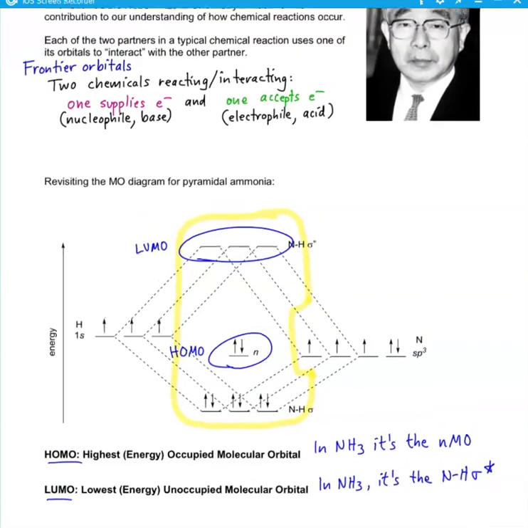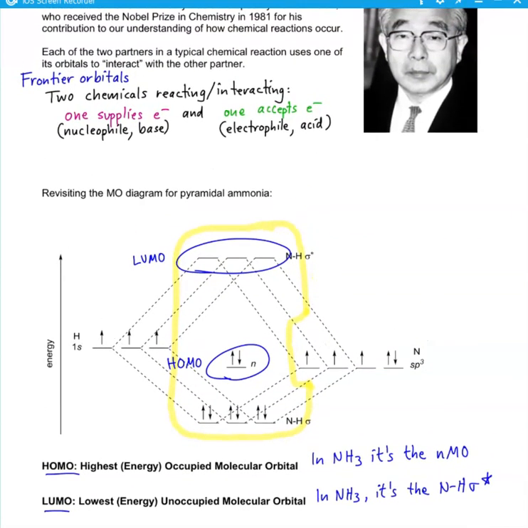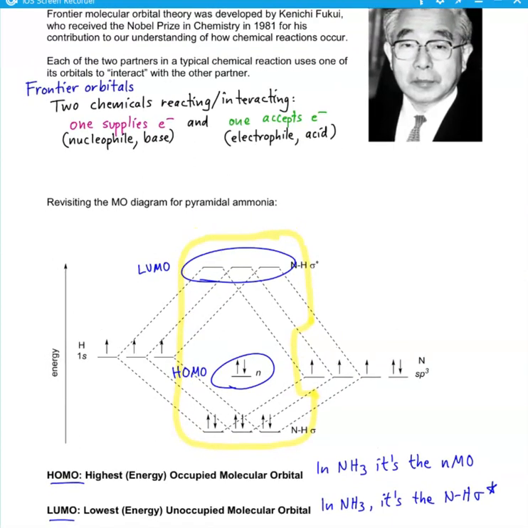Okay, so let's go back up to the top of the page and fill in more information. The one that's supplying electrons in a reaction, the chemical that's supplying electrons, we'll either call a nucleophile or a base, depending on exactly what it's doing, and it will be using its HOMO, its highest occupied molecular orbital.